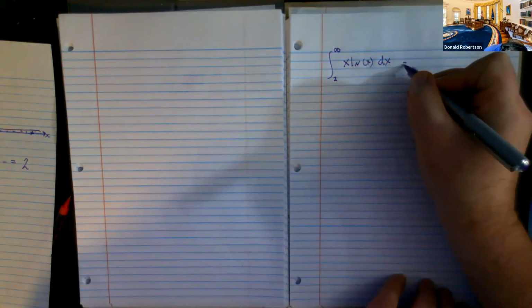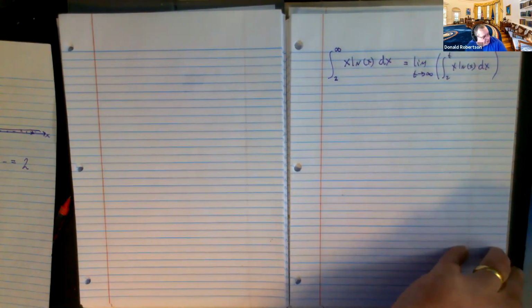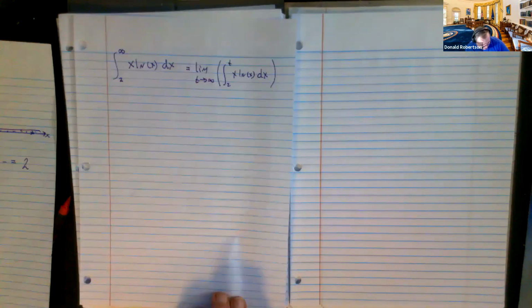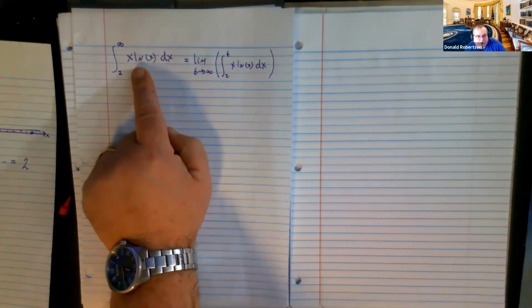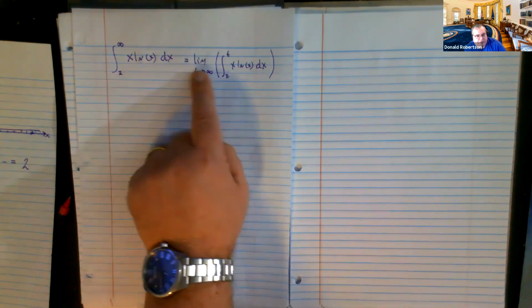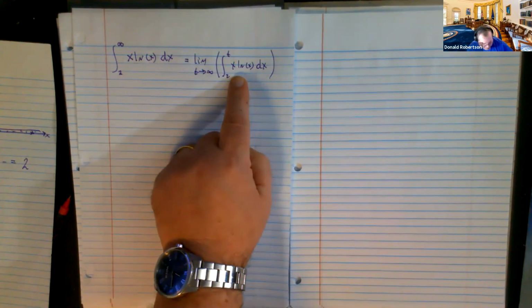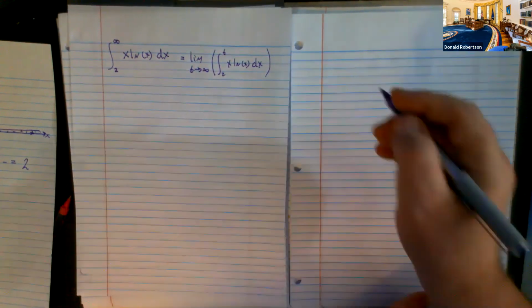And this one is going to become the limit as t tends to infinity of the integral from 2 to t of x log x dx. Great. I hope by now that you realize how we convert this into this format, right? So let's work on this fella.